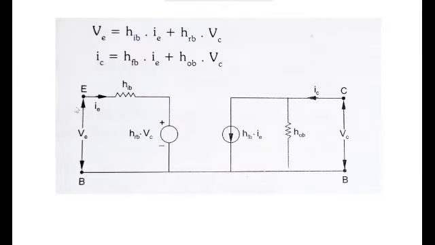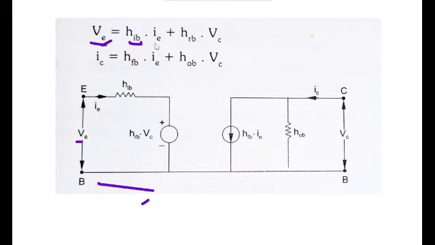This is the common base configuration circuit, and in this circuit, in the first equation V1 is VE, because the input voltage for common base configuration is VE. The first term on the RHS is h11, here h11 is hib, where i is input impedance and b identifies the base configuration.